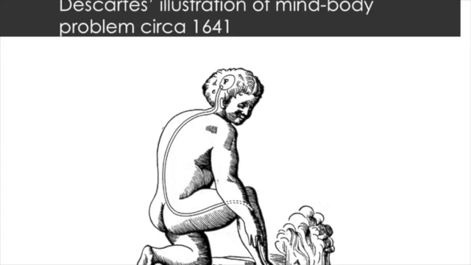So this is what we now think of as a simple reflex arc that he mapped out as an example of the way in which the mind could influence the body. Now, again, we know that this is not quite the story, but it was a first attempt to take a circuit or systems level view of thinking about the mind-body problem.